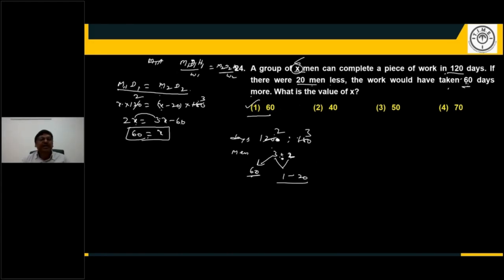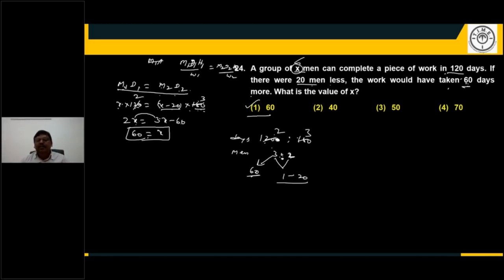Here men and days are there. X men, they take 120 days. 20 men less means X minus 20 men, they take 60 days more, means 120 plus 60, 180. M1 D1, X into 120 is equal to X minus 20 into 180. That's what I said. One more thing, what I said, 120 days, 180 days, days are in the ratio 2:3, means days and men are in inverse relation, right?